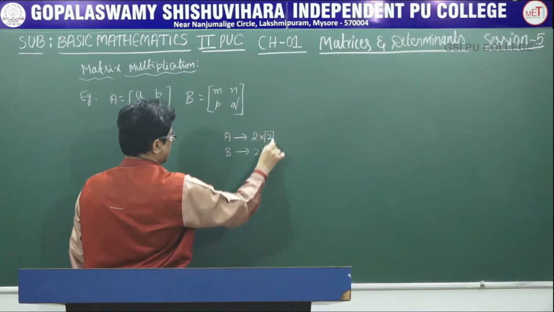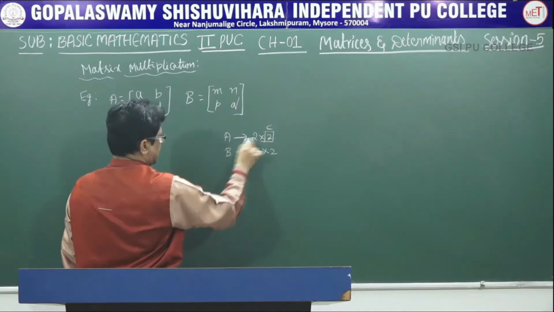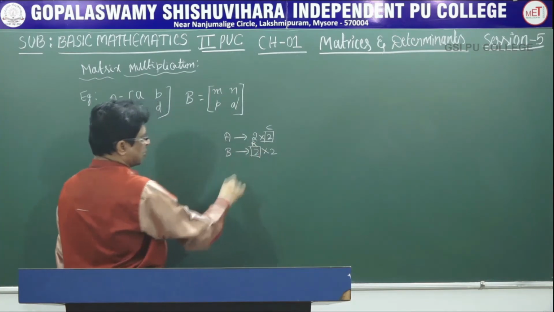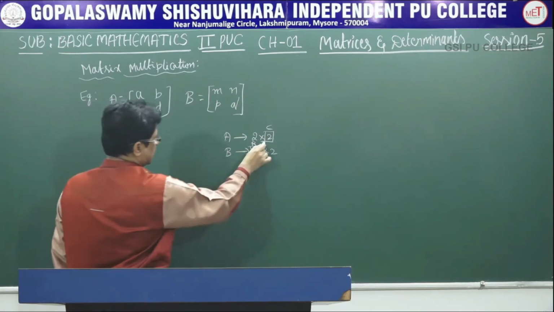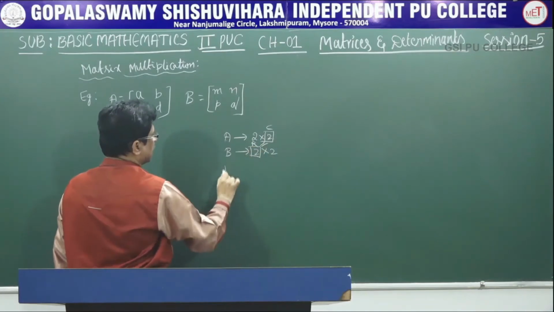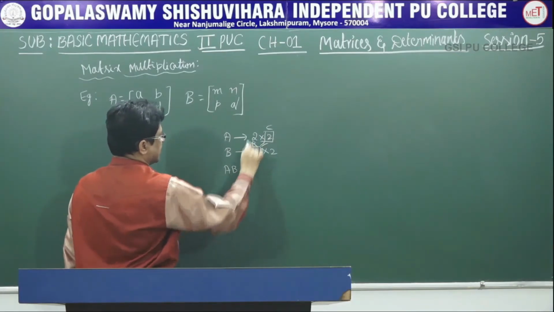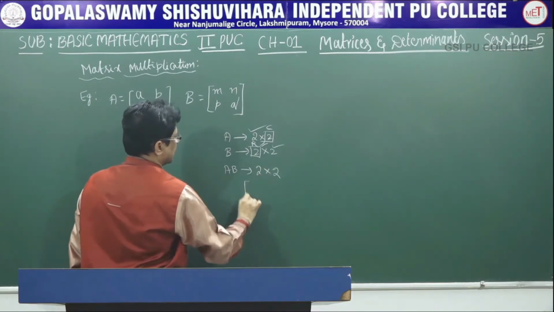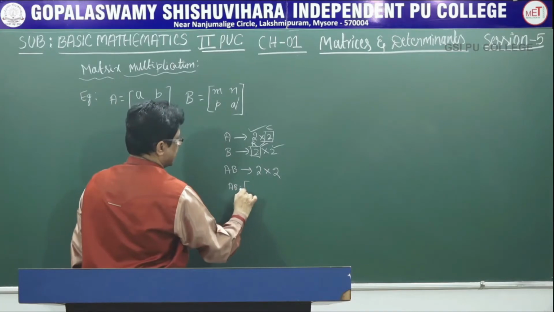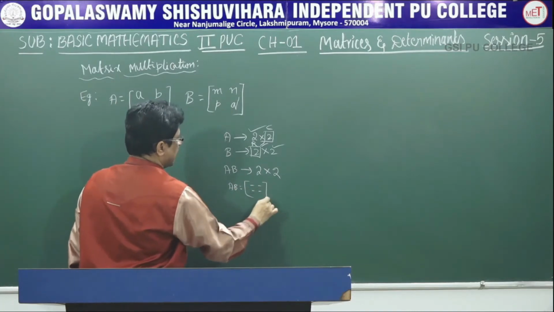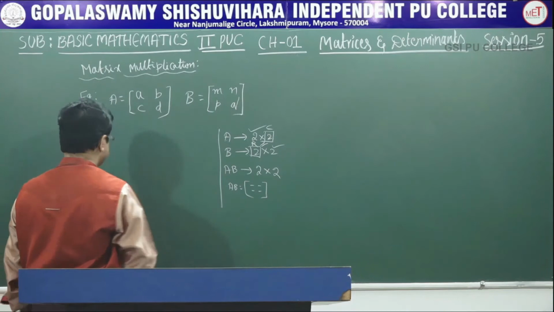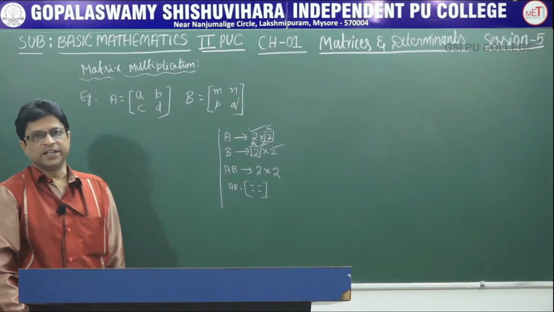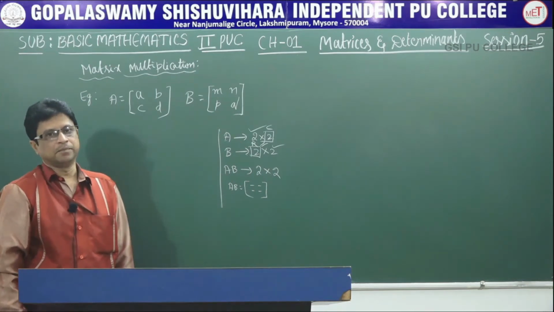So, here the number of columns of the matrix A is equal to the number of rows in the matrix B. So, these two are equal. Therefore, the product AB exists and the product matrix will be of the order 2 into 2. That means the matrix AB will have 2 rows and 2 columns. And to multiply two matrices, the rule is row into column.